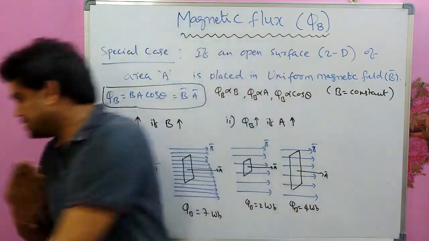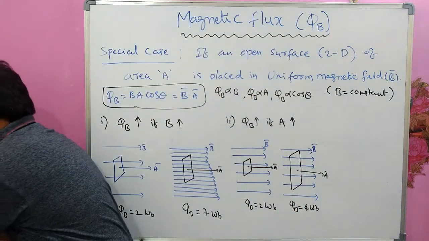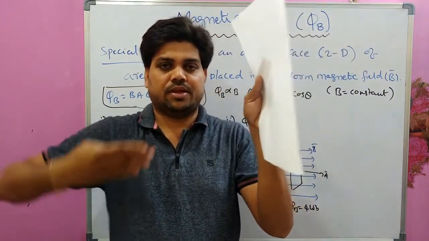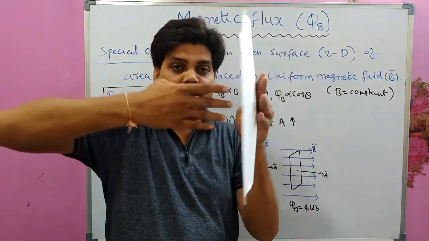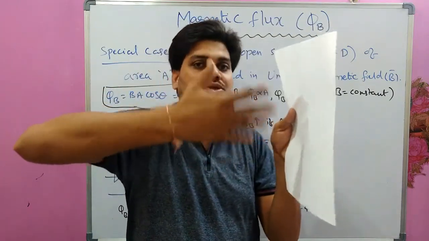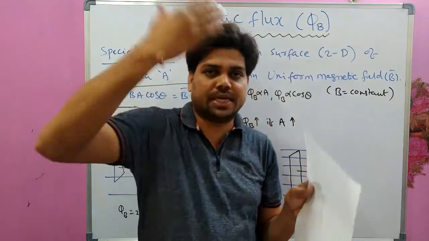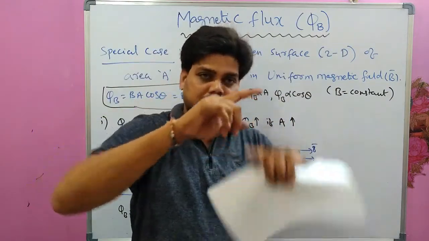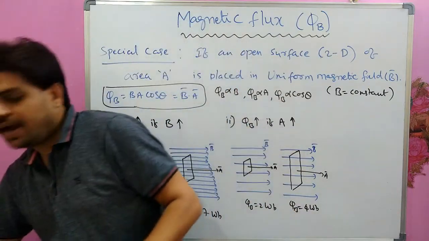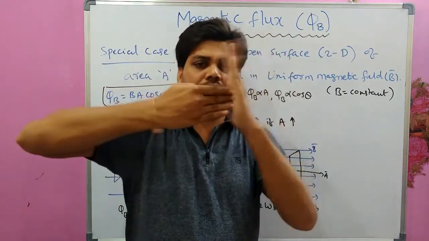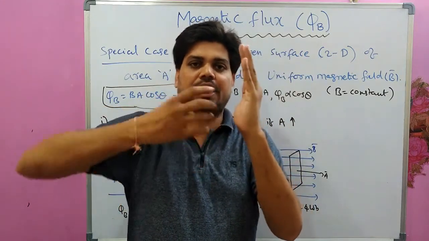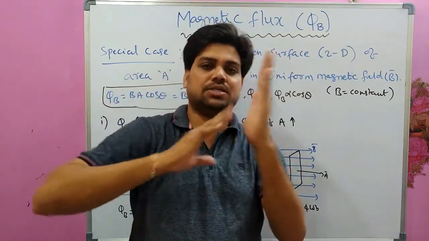So instead of this surface, if I take this surface, the other lines are also passing through this, which I am not able to show you actually. For example, there are 10 magnetic field lines in this region, right? And out of those 10, only 4 are passing through this hand because of the size, and the other 6 are not passing through this surface.